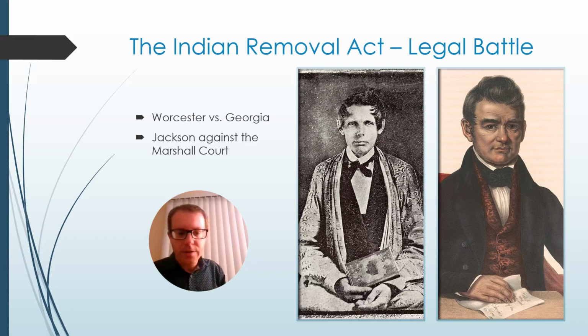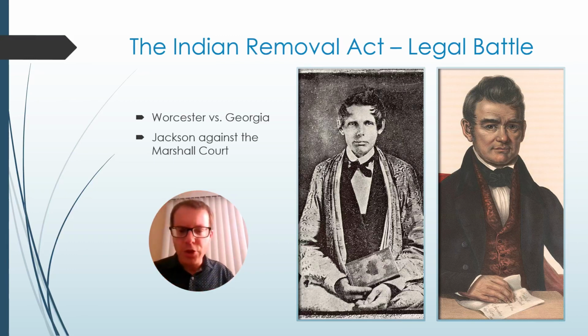So, how do Native nations respond to the passage of the Indian Removal Act? Well, several Native nations actually start to get involved with a legal battle against this act, because again, traditionally the federal government only had the authority to make treaties with Native American nations, and the Cherokee in particular know this.